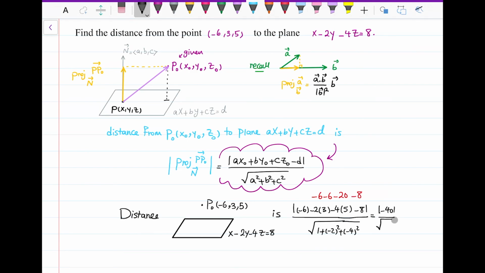This is a positive number on the denominator, so on the numerator we should have a positive number. So don't forget the absolute value. And then here I get 1 plus 4, which is 5, plus 16, 21. So the length is 40 over square root of 21. That's the length.